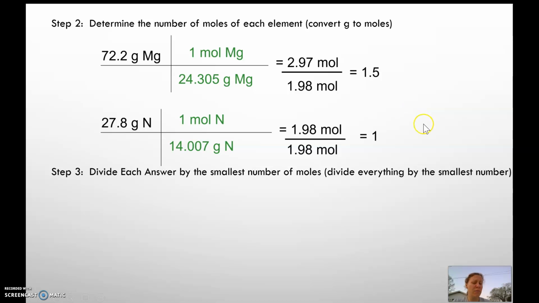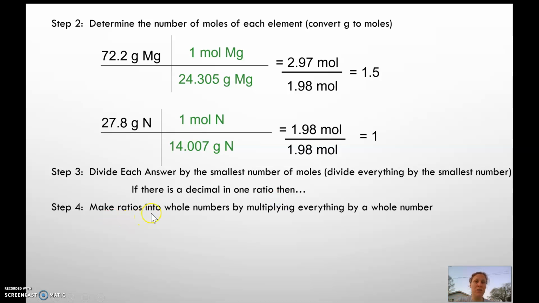Lots of times you get to stop there, but here you get a decimal, 1.5. That does not round to 2. Keep it as 1.5. If there's a decimal in this ratio, then you have to make those numbers into whole numbers. You have to multiply both of them by the same whole number. 1.5 is 1 and a half, so you multiply both numbers by 2. 1.5 times 2 is 3. 1 times 2 is 2.